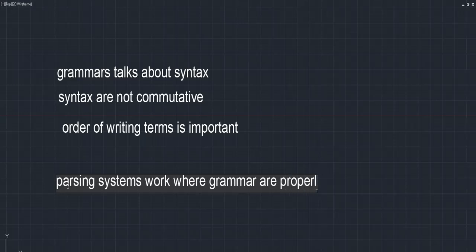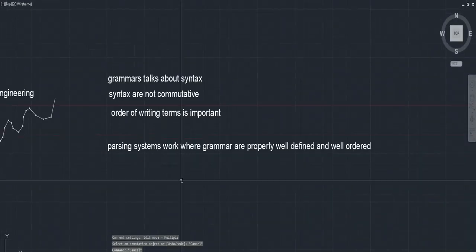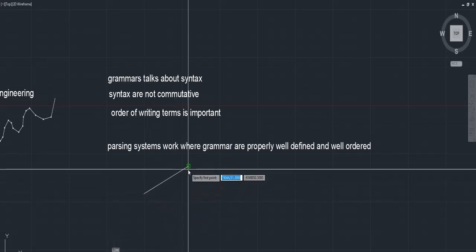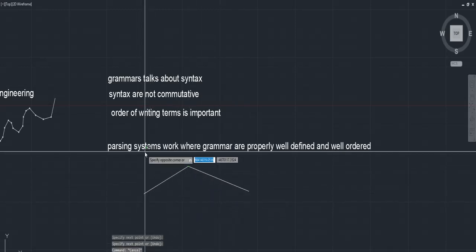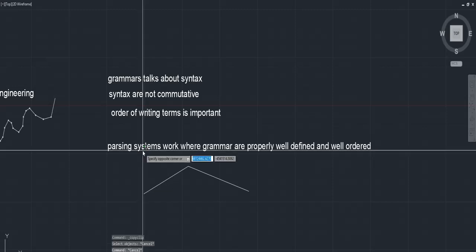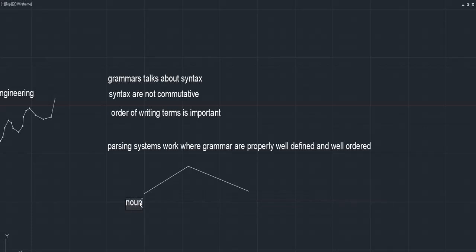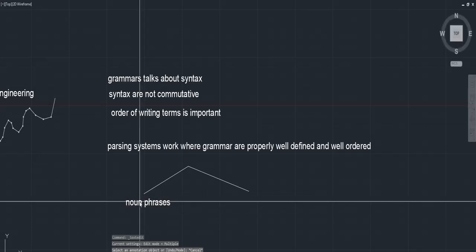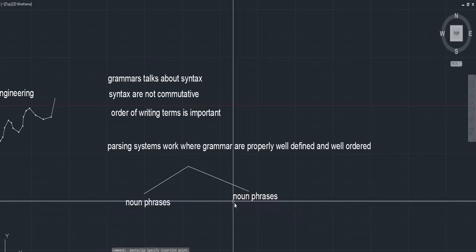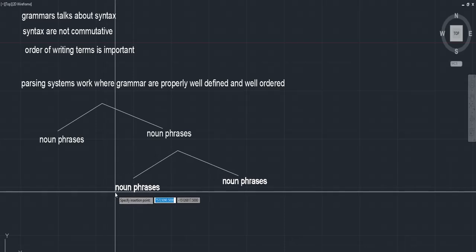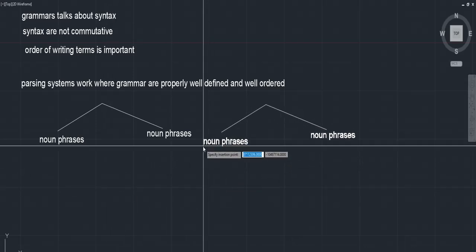properly well defined and well ordered. That means for the grammar there are some noun phrases, there are some verb phrases, and these noun phrases are there with the terminal symbols, and these noun phrases are attached with the verb phrases.